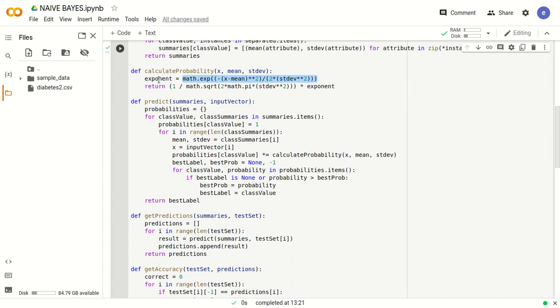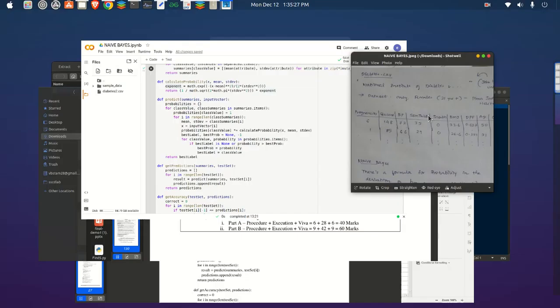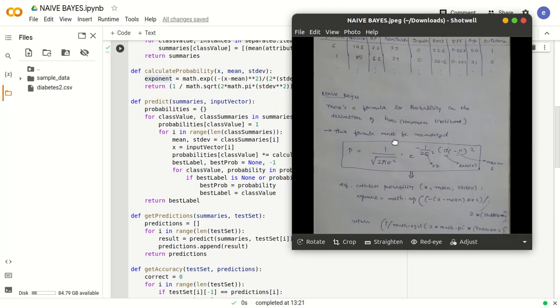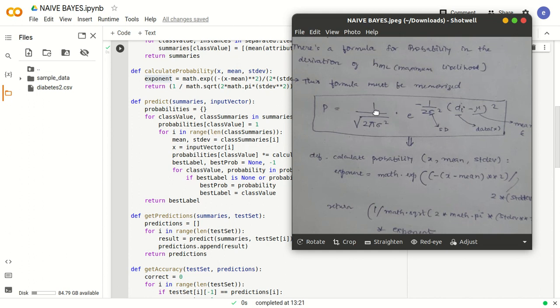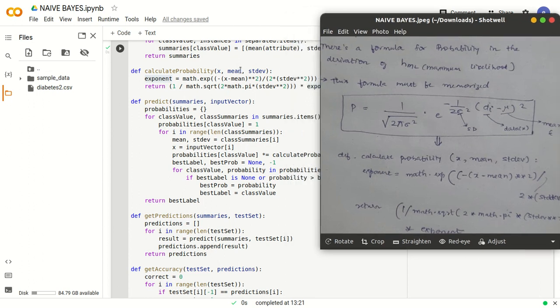So here we have the formula which we already discussed. The formula has two terms, this is one term and this is the other term. In this function we are creating the second term first. So exponent is equal to math.exp, which is nothing but e power, with the minus written here: x minus mean.